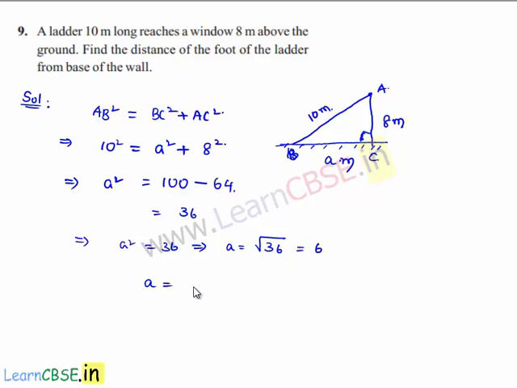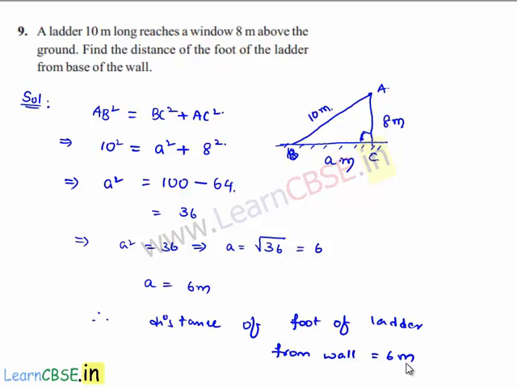Therefore, we got a is equal to 6 meters. Therefore, the distance of the foot of the ladder from the wall is 6 meters.